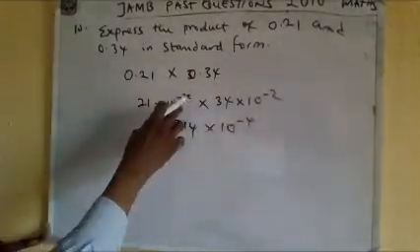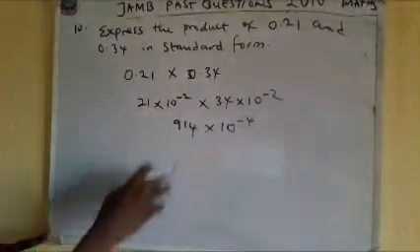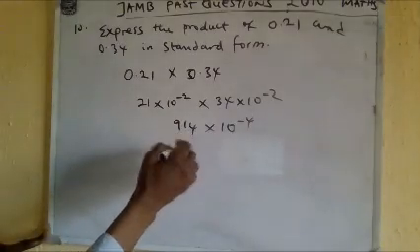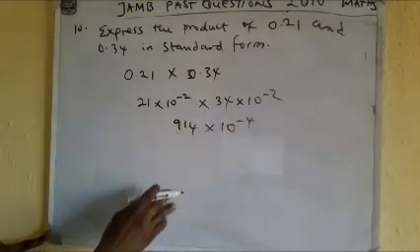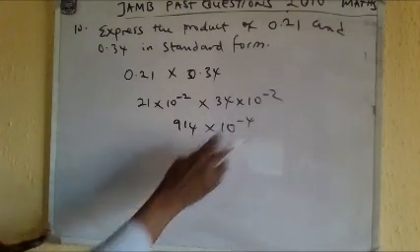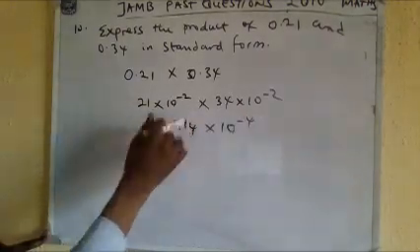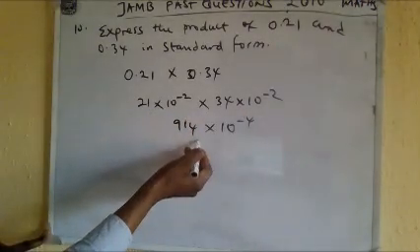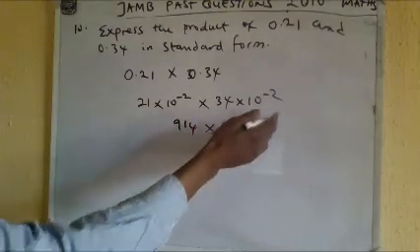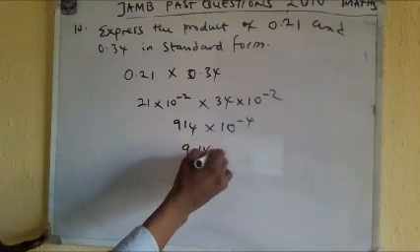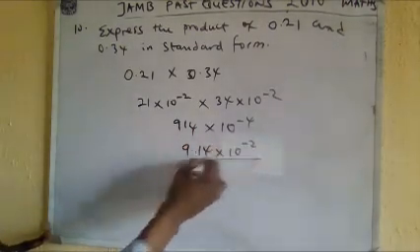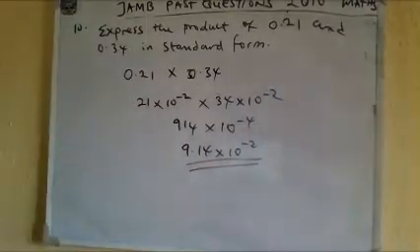The power is minus 2 and minus 2. That's minus 4. But to make it a real standard form, I move my dot again 2 places, and reduce this one and increase this one by 2. The power will increase. So I have 7.14 times 10 to the power minus 2. That's the answer in standard form. Okay?